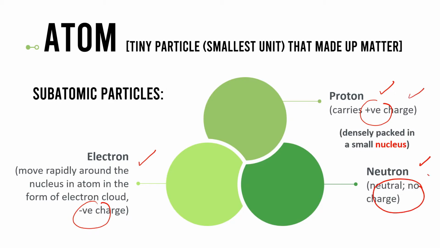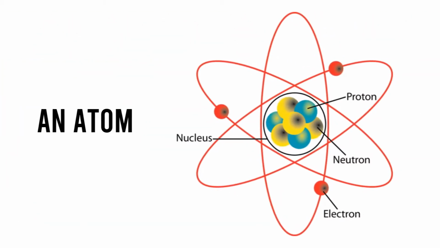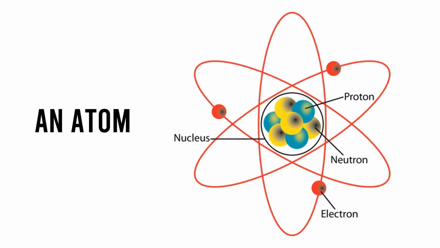Okay, and these two are located in the nucleus. You can see that at the center of the atom here is the nucleus. The nucleus consists of proton and neutron, where proton has positive charge, neutron has zero charge or is neutral, and electron has negative charge.